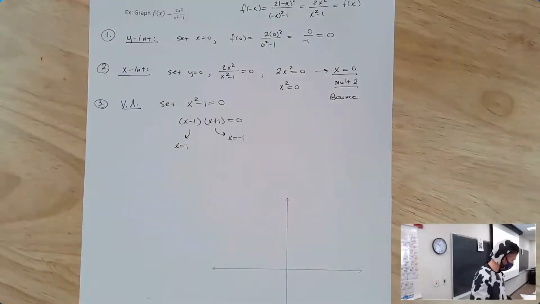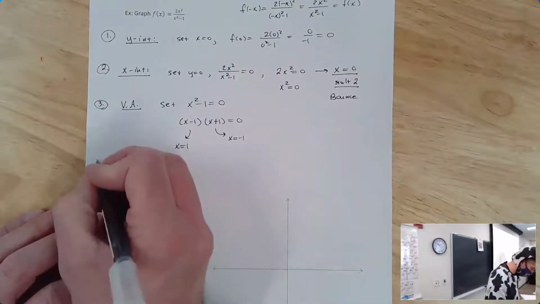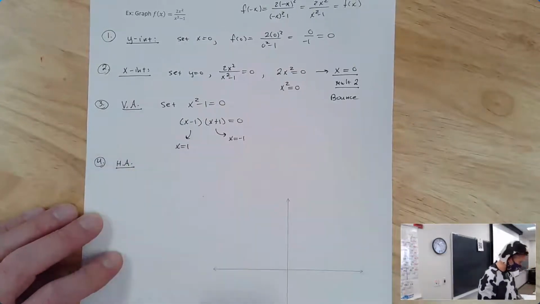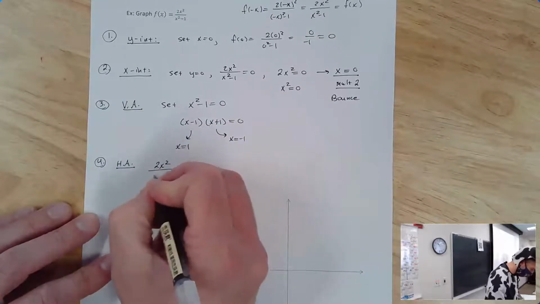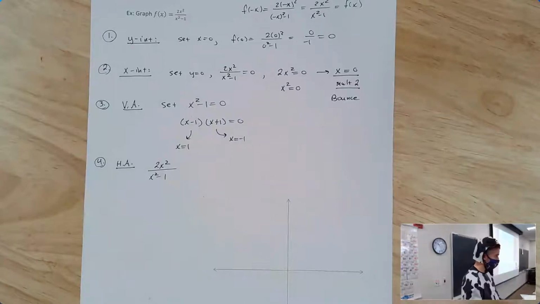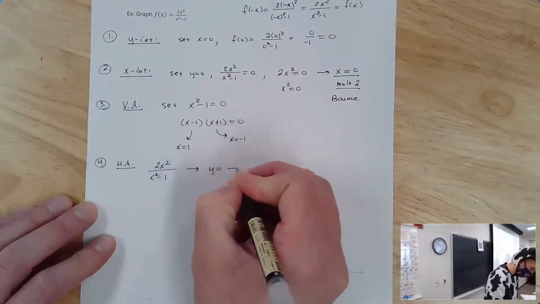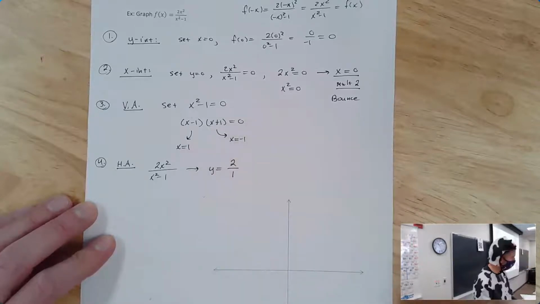And then lastly, vertical asymptote time, horizontal asymptote time. So our function 2x squared over x squared minus 1, the degrees are certainly the same. Degree on top is 2, degree on the bottom is 2. So the horizontal asymptote is going to be y equal to what over what? 2 over 1.